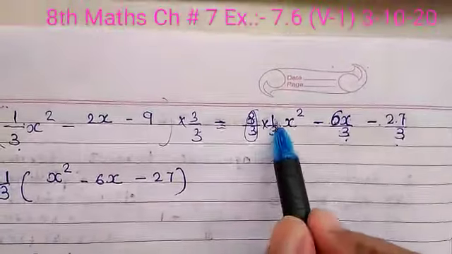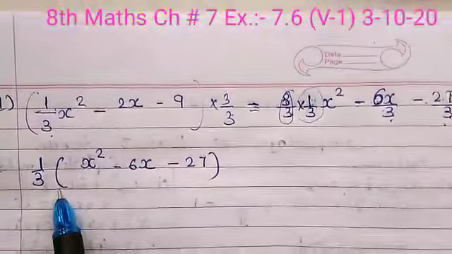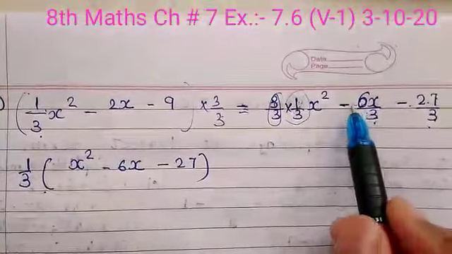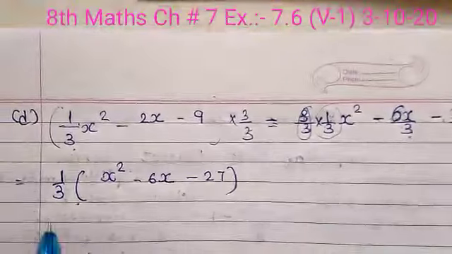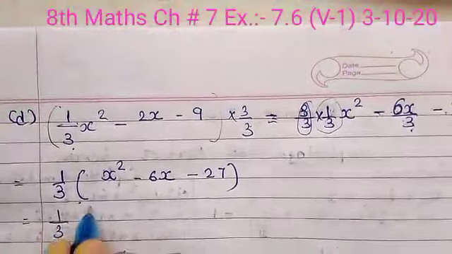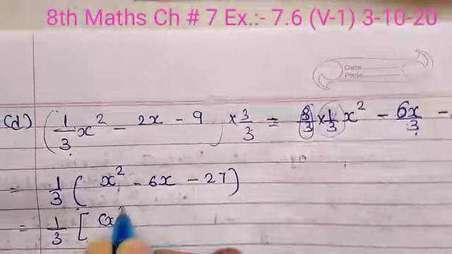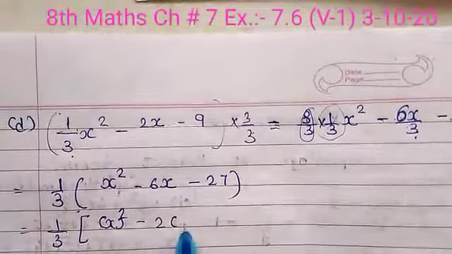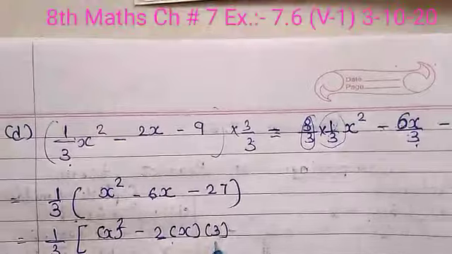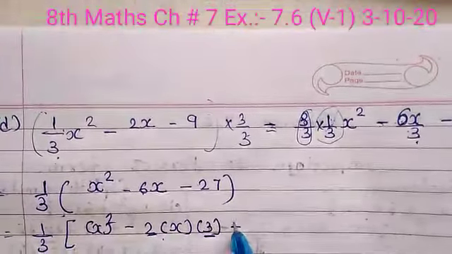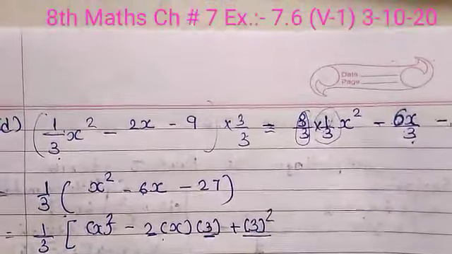Now we are taking out 1 by 3 as a common. So what you will get? You will get x square minus 6x minus 27, right? Now taking 1/3 as a common, so x square is there minus 2 into x. Now here 2 times 3 is 6. So here we want the last term as 3, so we want 3 square. 3 square is 9.